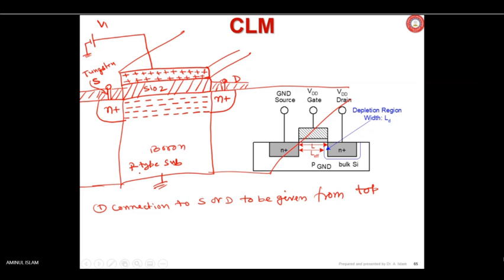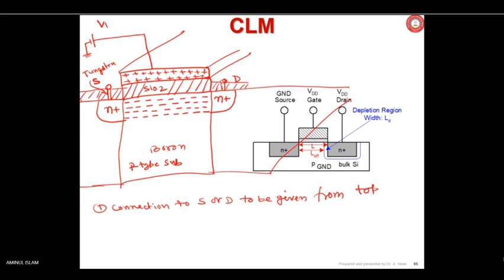That is one thing. Secondly, one connection I have shown at the bottom here. At this point, you cannot give the connection from the bottom, because there is a brick at the bottom. In this also, you have to give the connection from the top. So possibly you will be making p-type material.